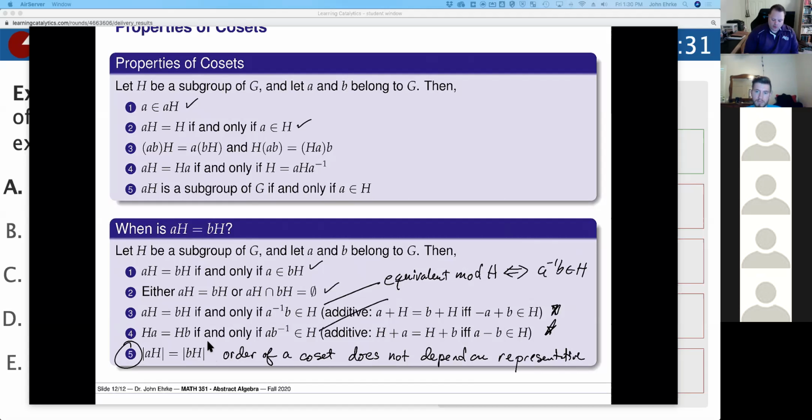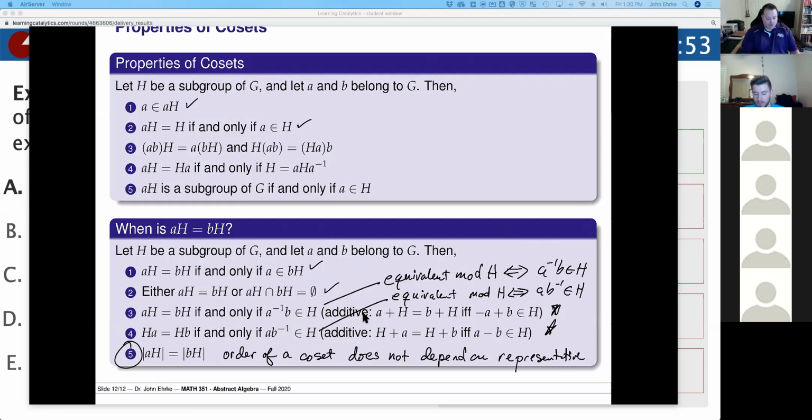And here you're equivalent mod H if and only if AB inverse is in H. So we talked about that equivalence relation last time, talking about how the difference of the elements has to be back in the subgroup, and that's our definition of congruence modulo subgroup.